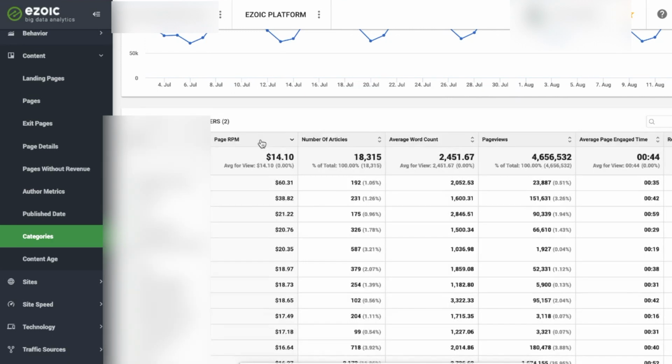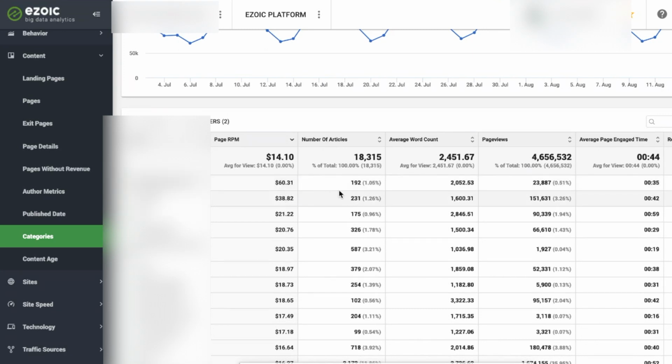So let's look. Wow, my average page RPM is $14.10, but I can see here I have multiple categories that are 3 to 4 times more than that on average. So I've got a couple different categories that are earning far more than the average, with one in particular that is nearly 3 to 4 times higher, and a couple that are more than double.